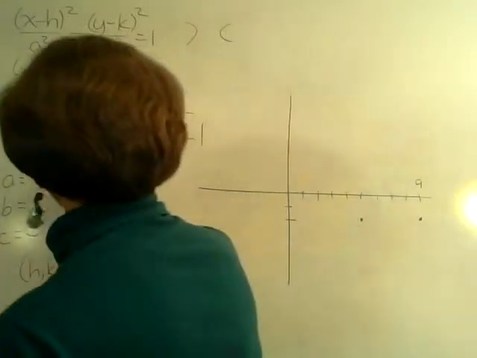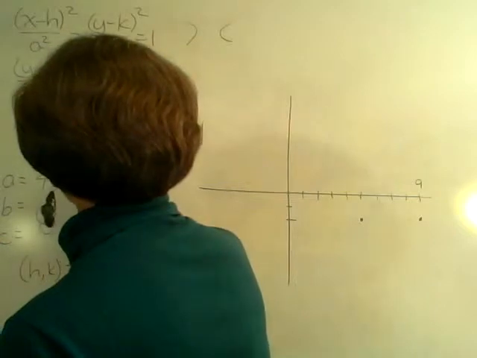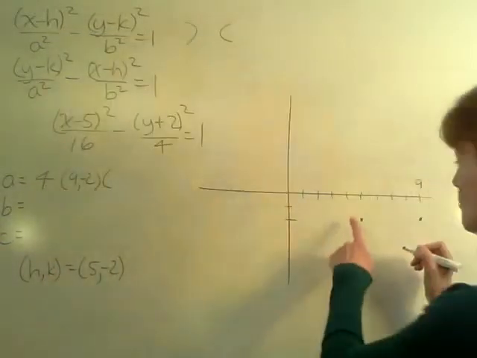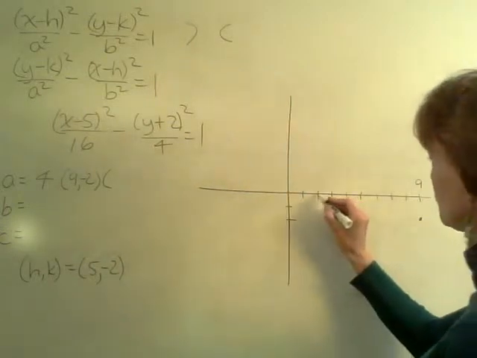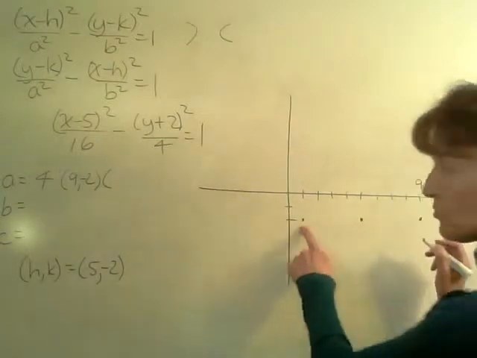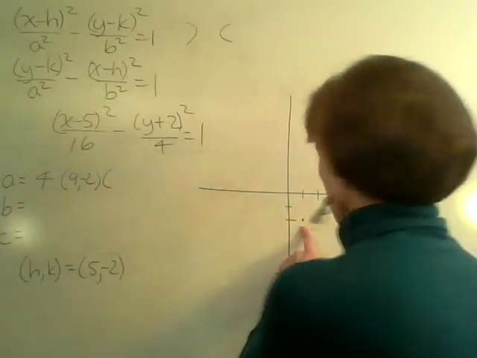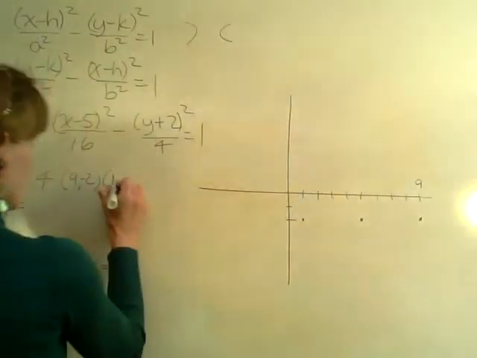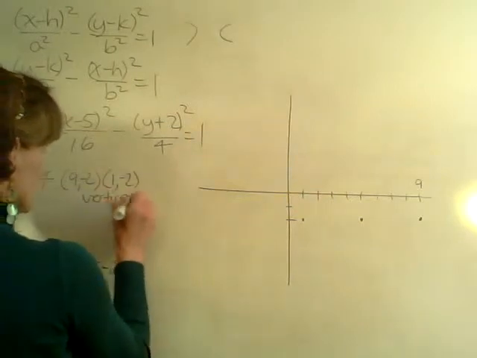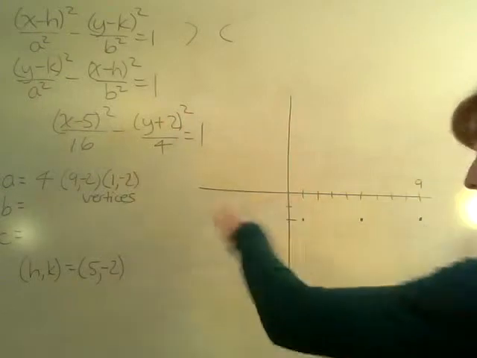So one of my vertices is at 9, negative 2. And the other vertex, 1, 2, 3, 4, is going to be 4 units away from the center to the left, at 1, negative 2. Okay, so those are my vertices. So this is going to be sideways.